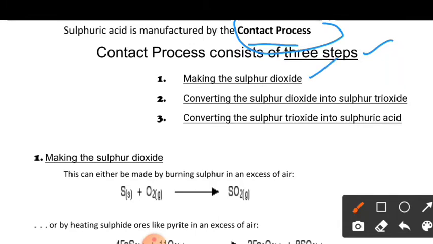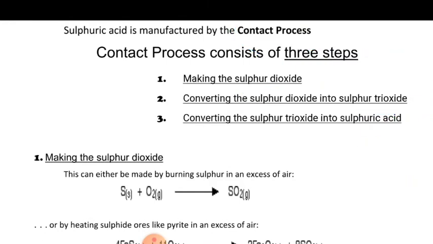The second step is converting sulfur dioxide to sulfur trioxide. And the third step is converting sulfur trioxide to sulfuric acid.